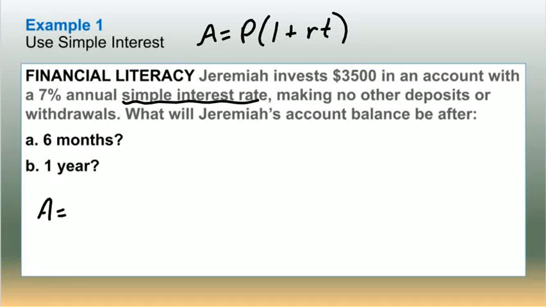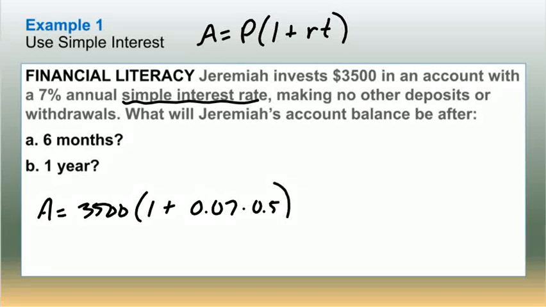So A equals, the principal amount is 3,500 times (1 plus the rate as a decimal), this was 7%, so 0.07 times 6 months, but time in years, so this would be 0.5, half a year. On our calculator, we would do 3,500 times parentheses 1 plus 0.07 times 0.5, and we would get for 6 months $3,622.50.